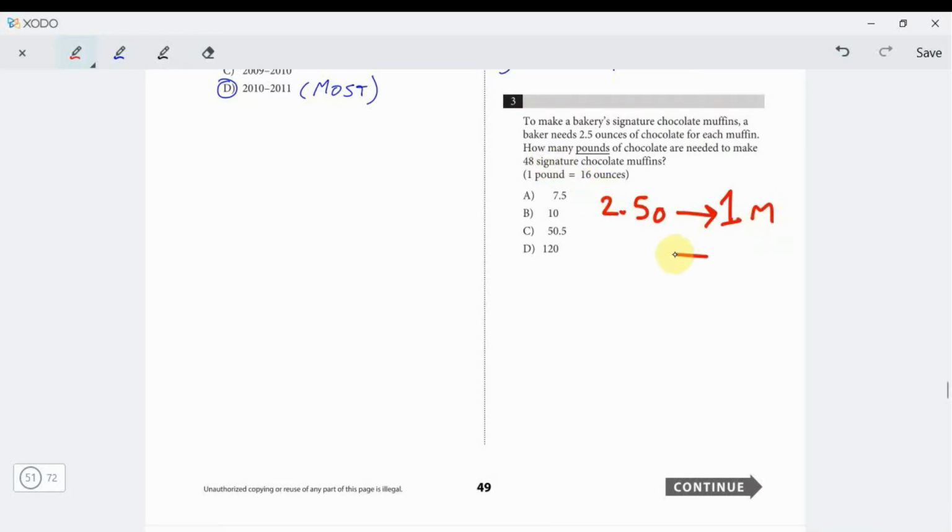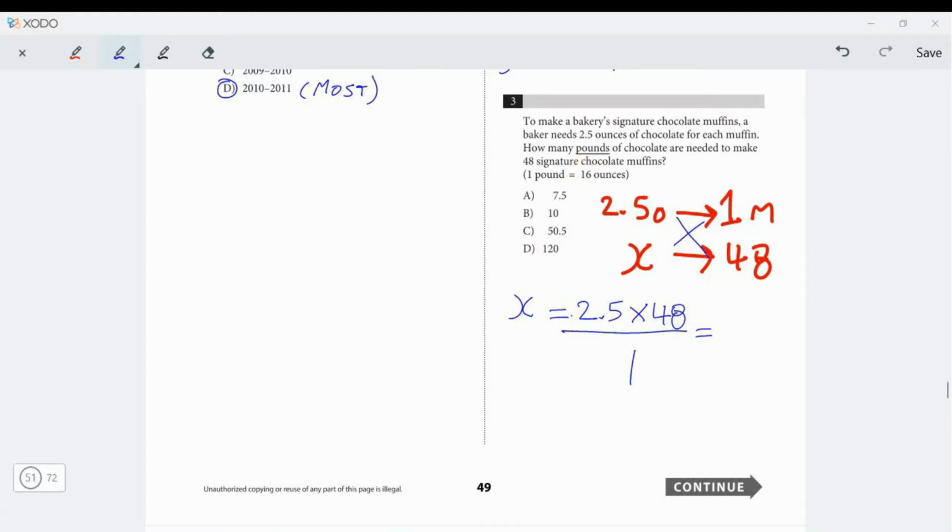In order to make 48 muffins, we can just call that X. If you cross multiply, X is equal to 2.5 times 48 divided by 1.